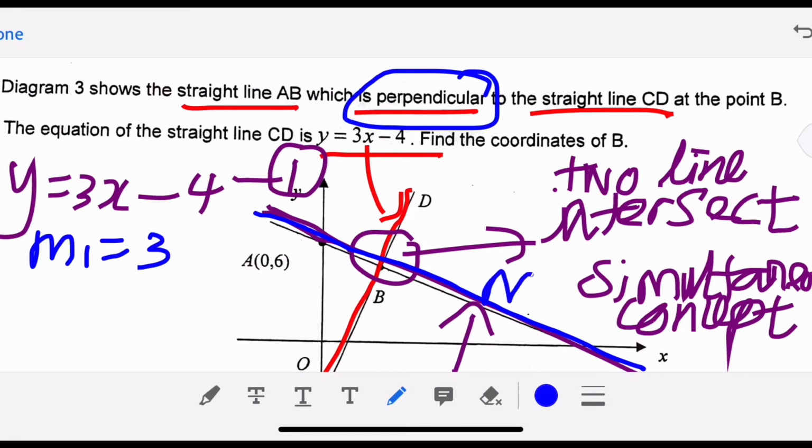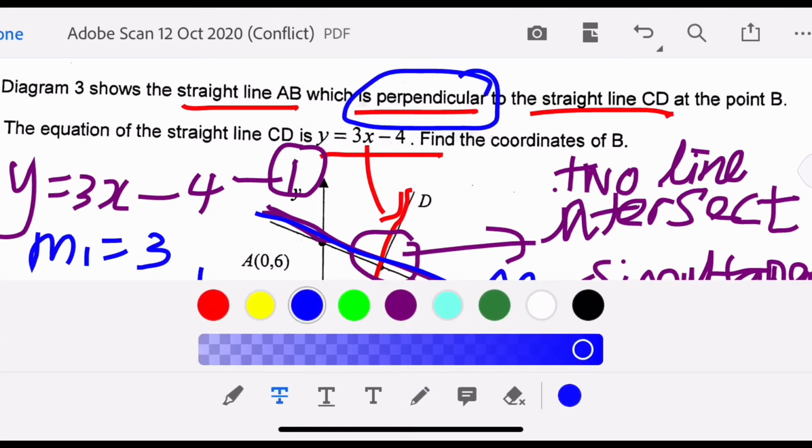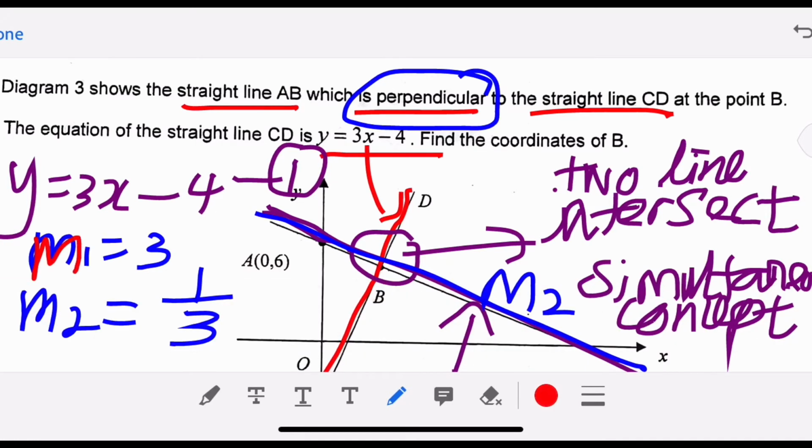Now you need to find the gradient for the blue line, the so-called perpendicular line. If you remember what I said, we can write it directly. How to write directly? If there is a 3, we make it 3 down. If m1 is positive, m2 will be negative.